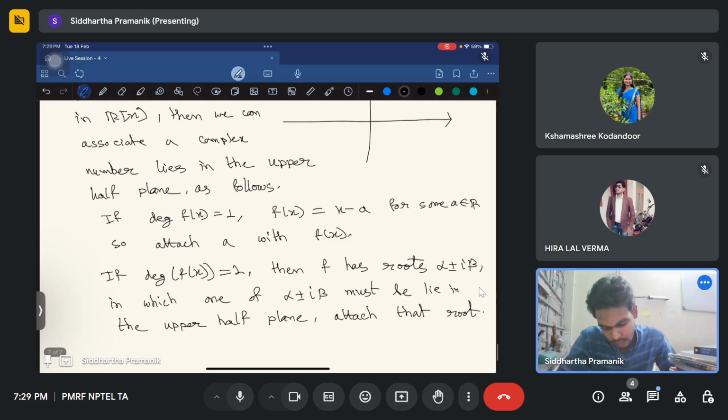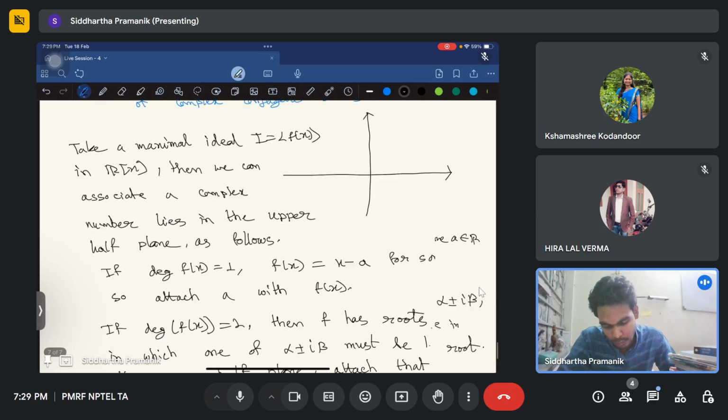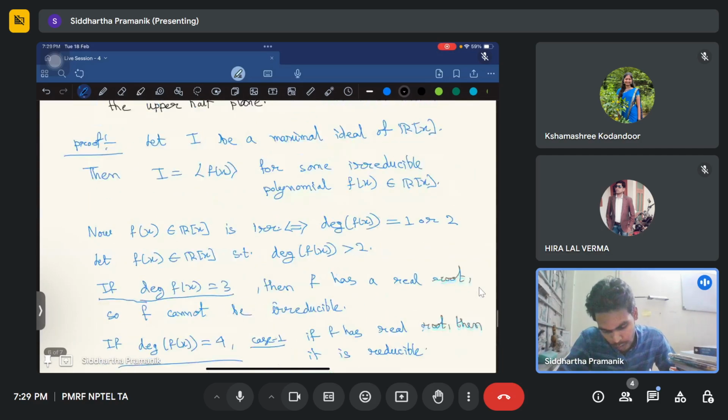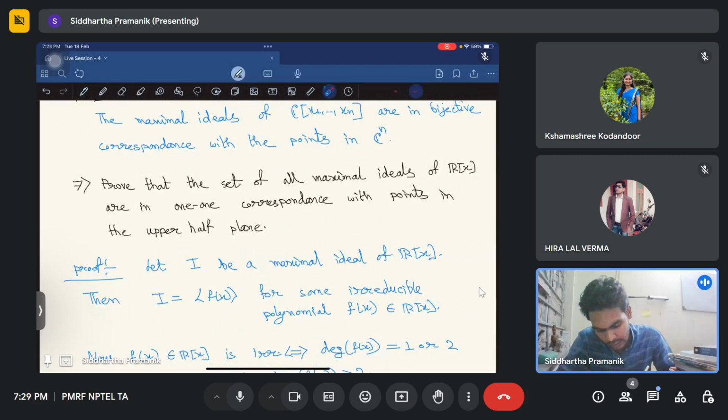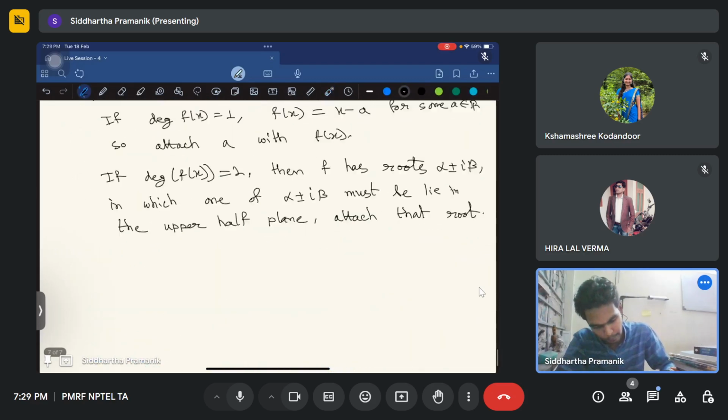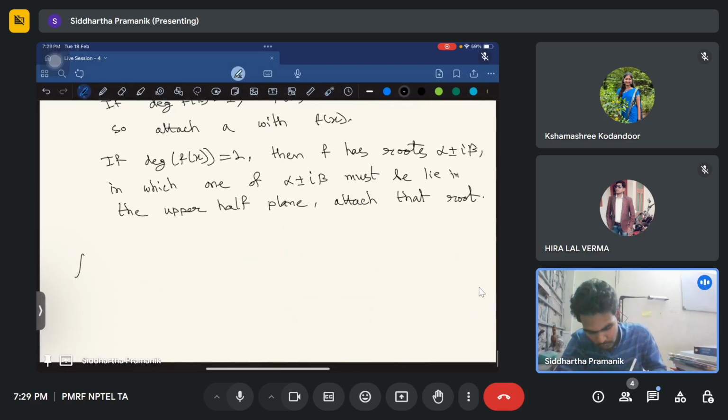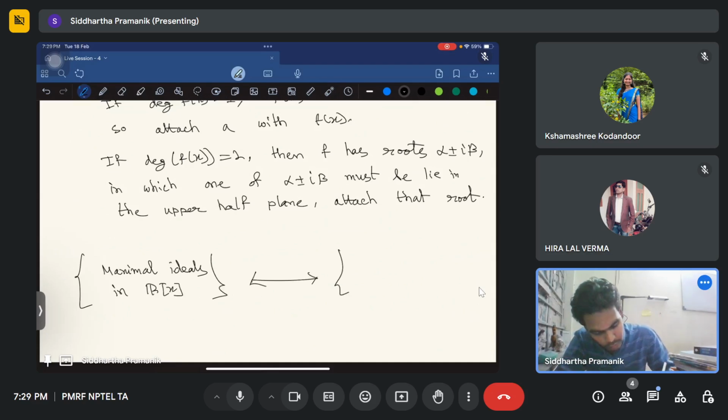So this correspondence will give the proof of our statement. That is the one-to-one correspondence which we are looking for. So here you have maximal ideals in R[x], and here you have points in the upper half plane.